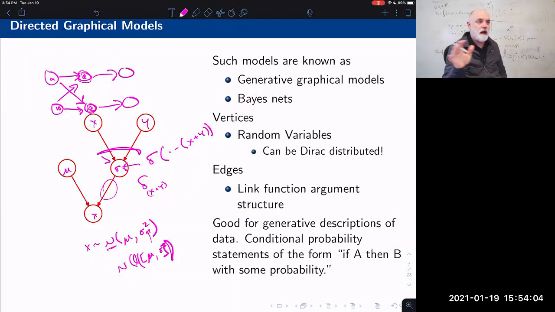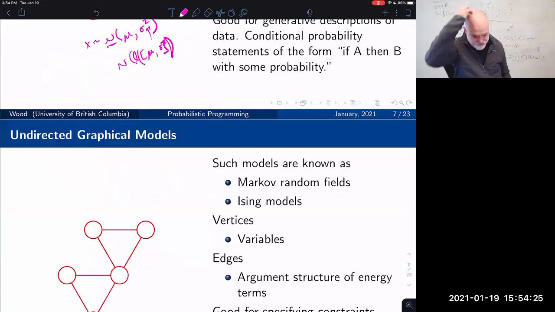But graphical models are not genetic programs. They're explicitly ways of denoting probability distributions, and then we're going to talk about what operations we should perform on probability distributions to ask questions.